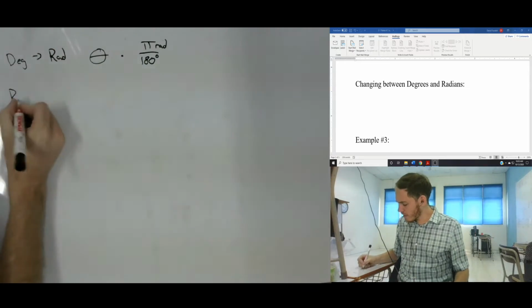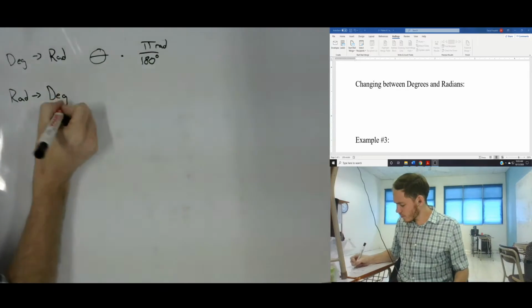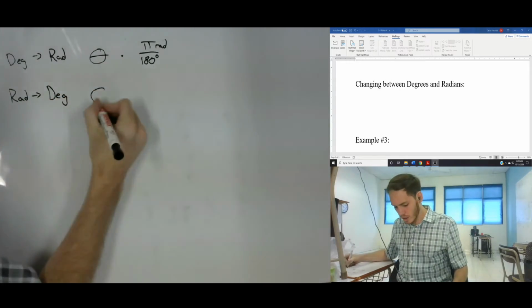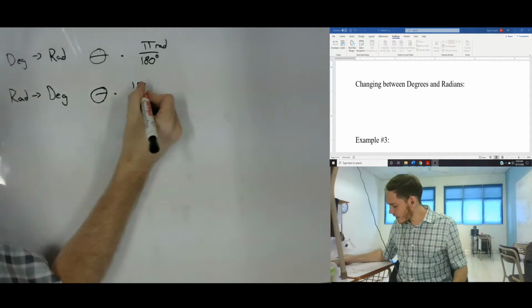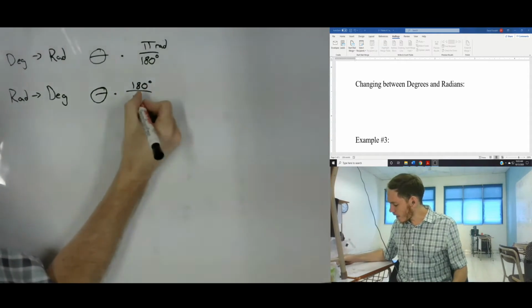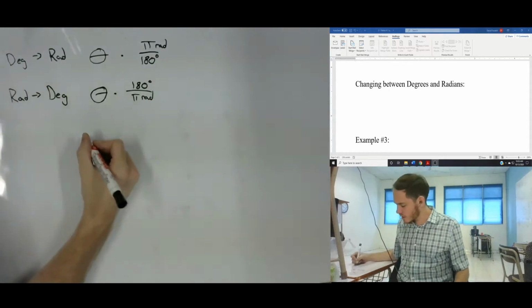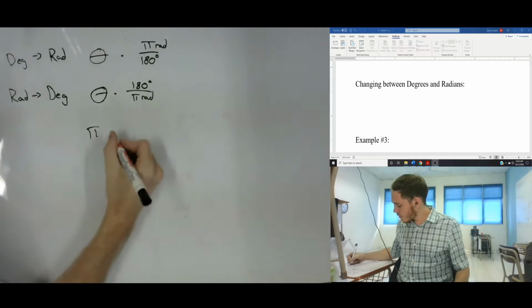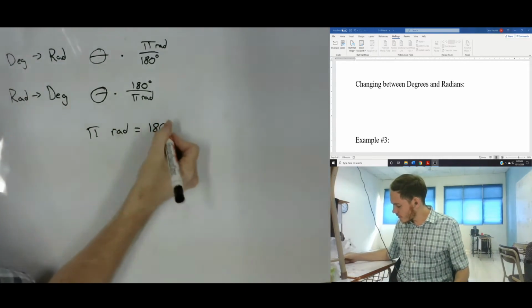Okay, what about radians to degrees? Well, we take our theta and multiply it by 180 over pi radians. Okay? So this is just the relationship that pi radians equals 180 degrees.